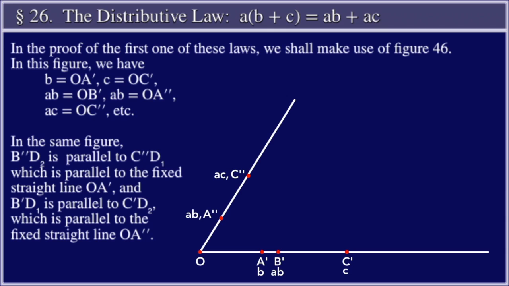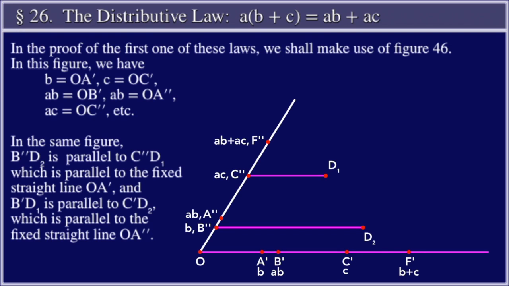In the same figure, B double prime D sub 2 is parallel to C double prime D sub 1, which is parallel to the fixed straight line OA prime, and B prime D sub 1 is parallel to C prime D sub 2, which is parallel to the fixed straight line OA double prime.